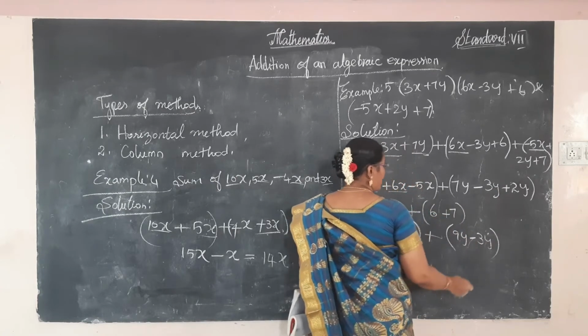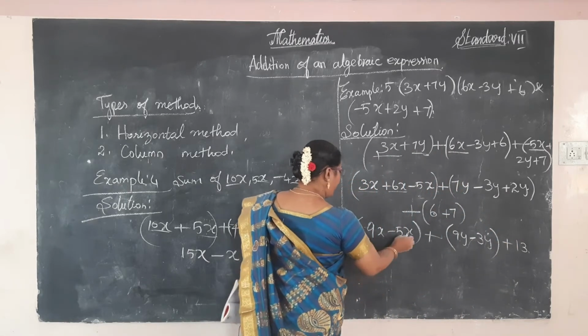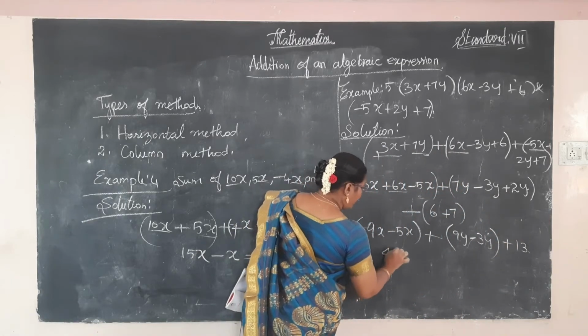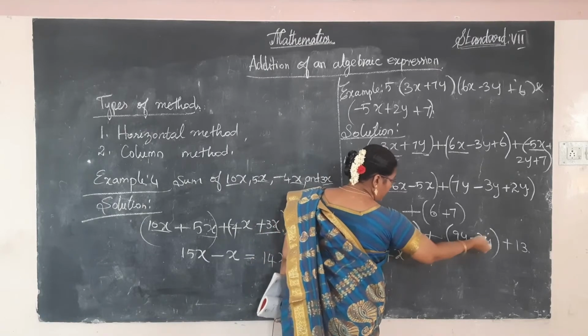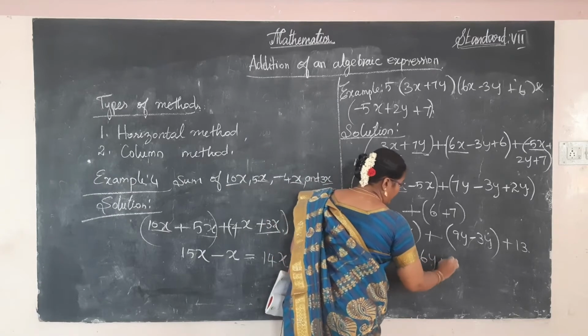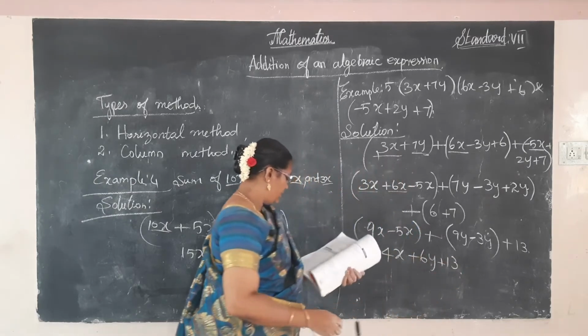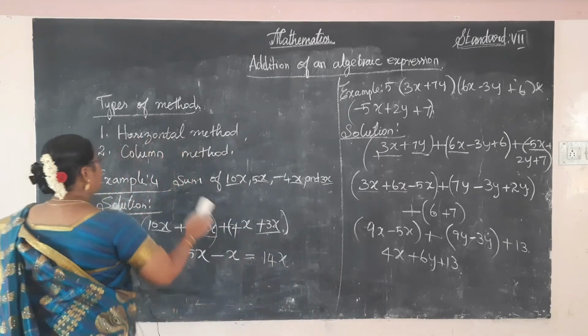Here 6 plus 7 is 13. Now simplify. We get 4x. For different signs, subtract and put the greater number's sign. Here also subtract, so we get plus 6y plus 13. That's it. Now move to the next example.